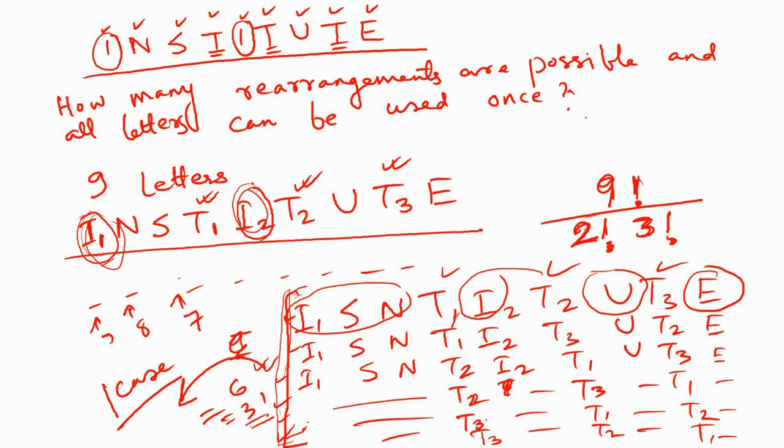For 2 factorial scenarios, we only need one such case. So that's why the total number 9 factorial is being divided by 2 factorial times 3 factorial. I hope this is now much clearer to many of you.